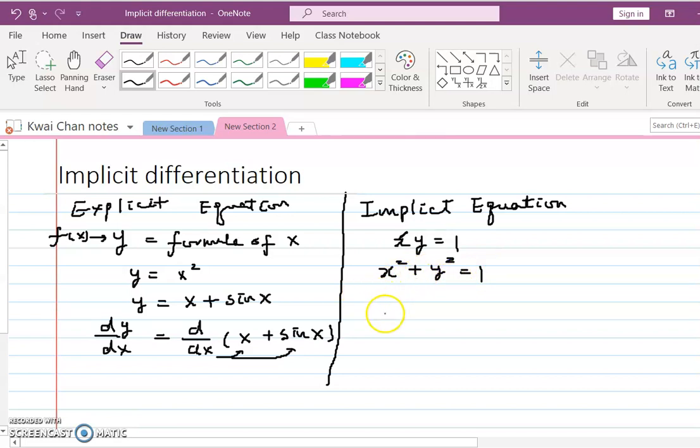So if I want to find dy dx for this circle, I would do d dx for x squared. That's no problem because they match. But when I do the d dx on the second term, then I have an issue because this variable is y, but I am doing a derivative on x, right?